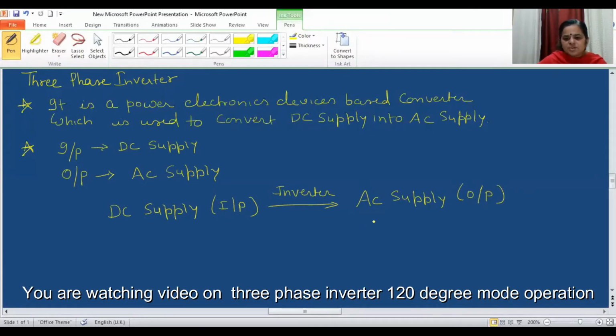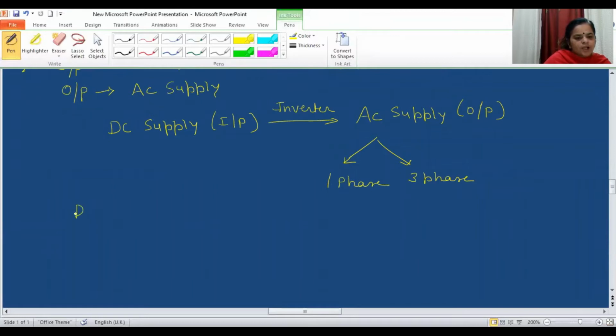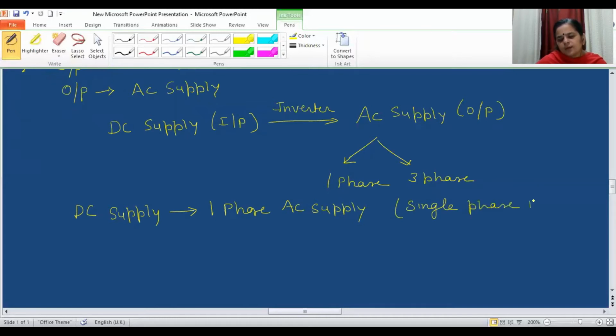My dear friends, as you know, the AC supply is available in two forms. One is a single phase AC supply and another is a three phase AC supply. So accordingly, when an inverter converts DC supply into a single phase AC supply, it is called a single phase inverter.